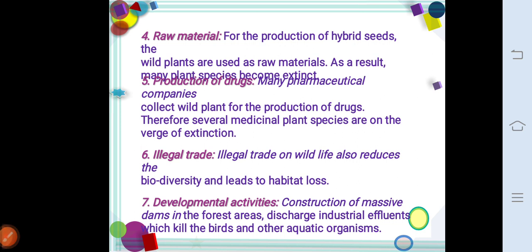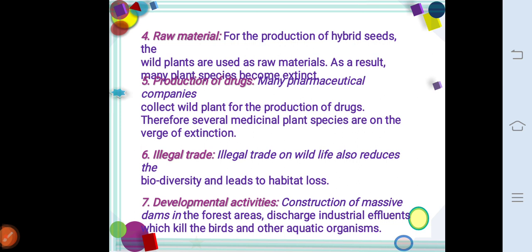Factors influencing poaching: human population. The increased human population in our country has led to pressure on forest resources, which ultimately causes degradation of wildlife habitats. Second one is commercial activities. Though there is an international ban on trading the products of endangered species, smuggling of wildlife products continues.